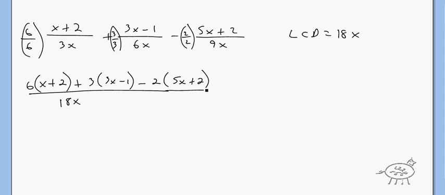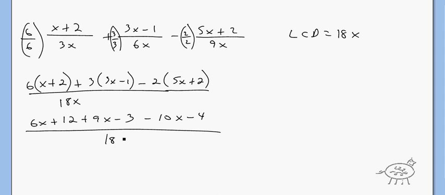All right, and then it's a matter of just distributing everything. So I get 6x plus 12 plus 9x minus 3 minus 10x minus 4 all over 18x.